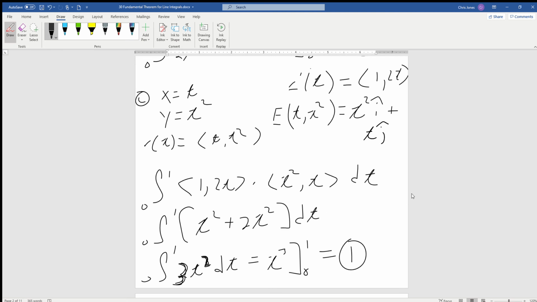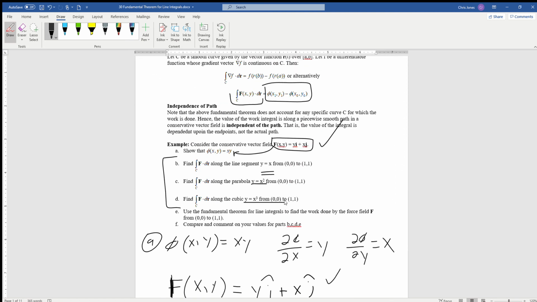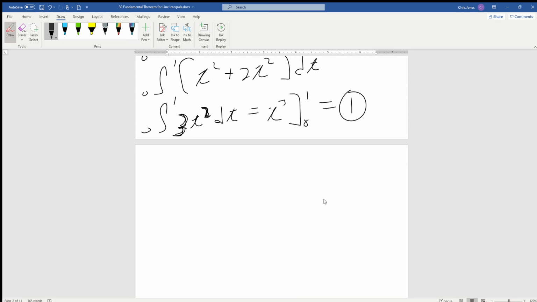Okay. Now we're along a cubic path for part D. Okay, so part D says, now we have this cubic path. So along the cubic path, let's define x to be t, let's define y to be t cubed. We know now that r of t is going to be t comma t cubed.